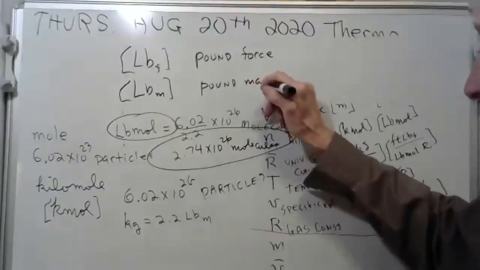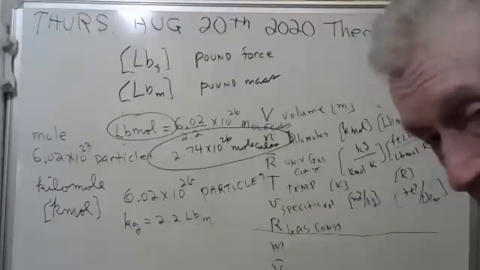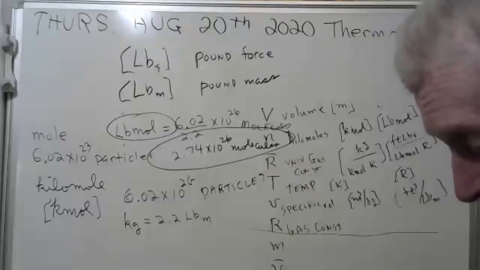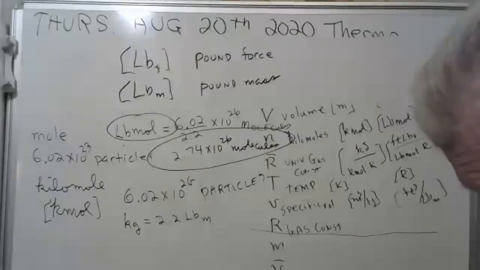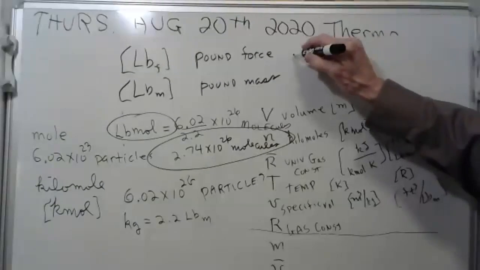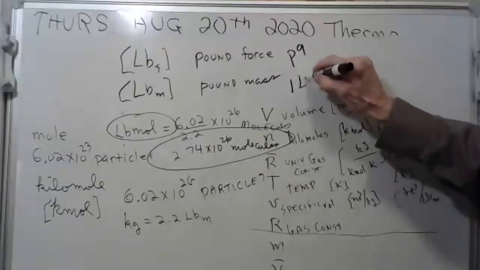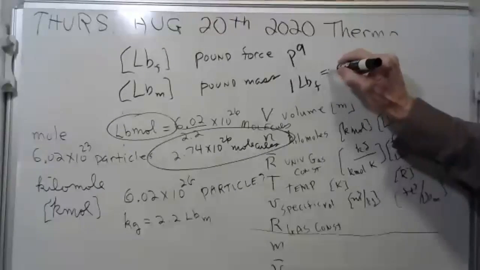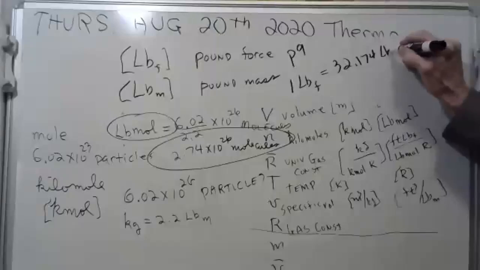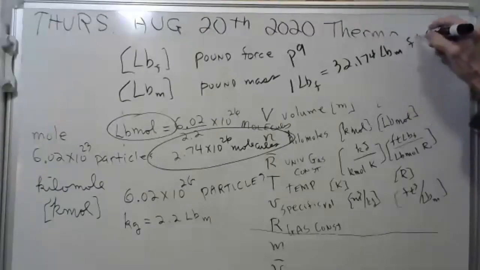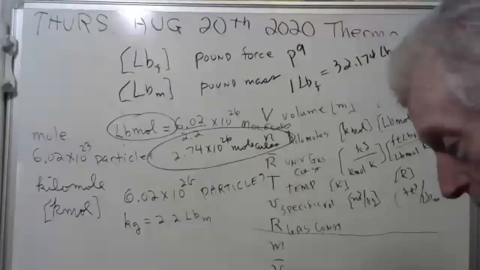There's pound forces and pound masses. Now, there is a relationship between the two. It's in your book, on page 9. And it goes like this. On page 9 in your book, 1 pound force is equal to 32.174 pound mass feet per second squared. That's the relationship between the two.